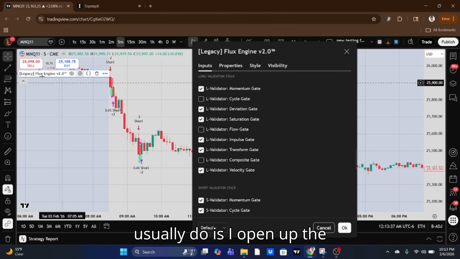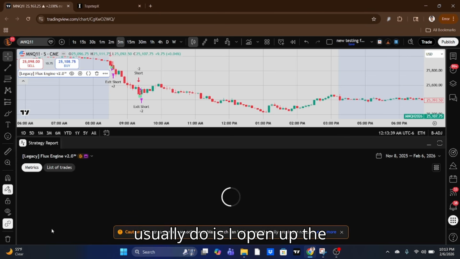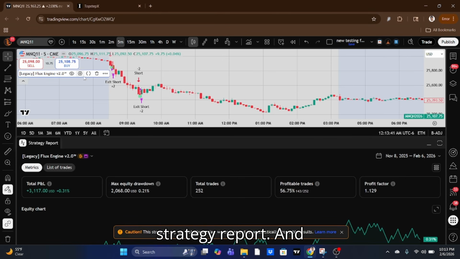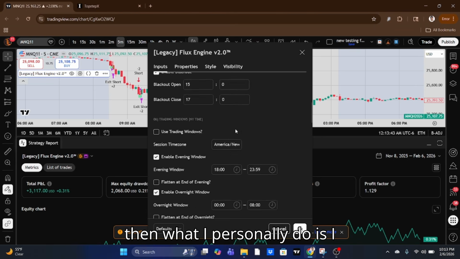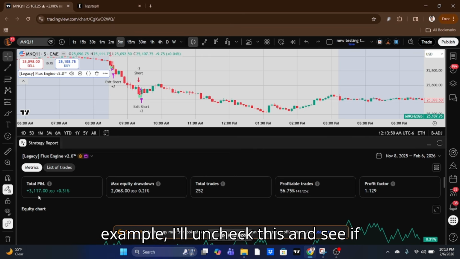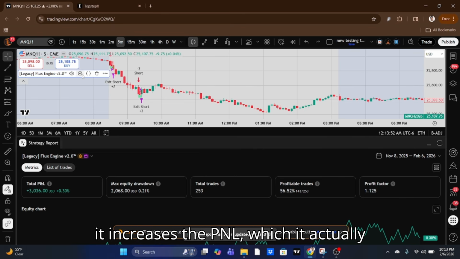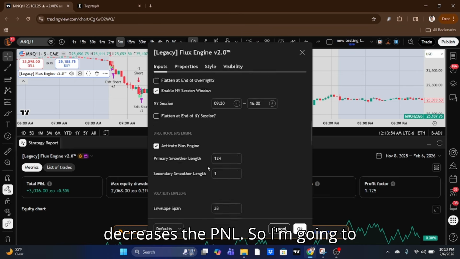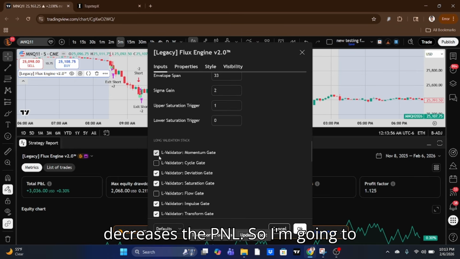Basically, what I usually do is I open up the strategy report. And then what I personally do is I usually just go through each one. For example, I'll uncheck this and see if it increases the PNL, which it actually decreases the PNL. So I'm going to leave that checked.